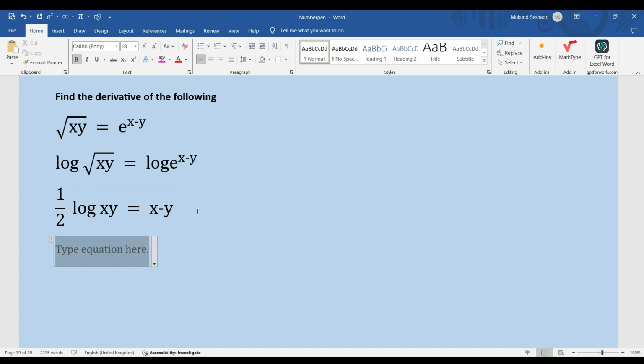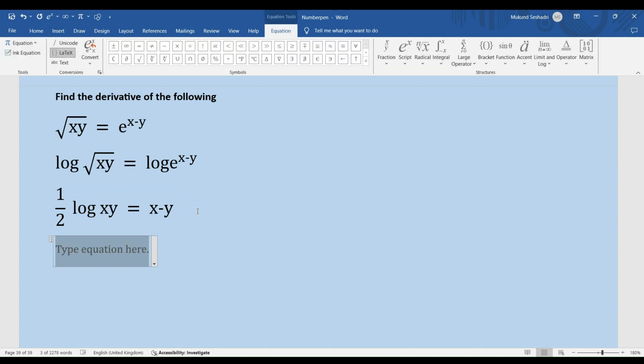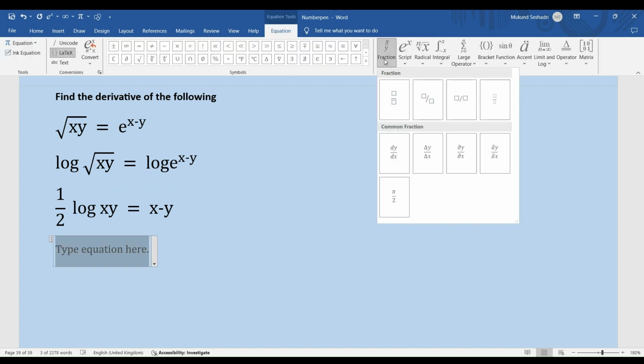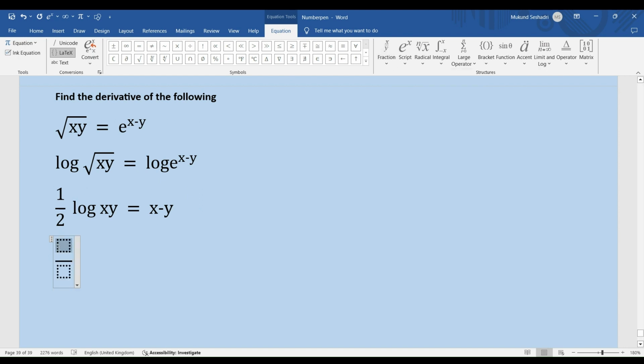Now I know how to go about solving this particular problem, right? So I retain the half as it is, and then I go about applying the chain rule here. My outer function is a log function, and my inner function is xy, right?